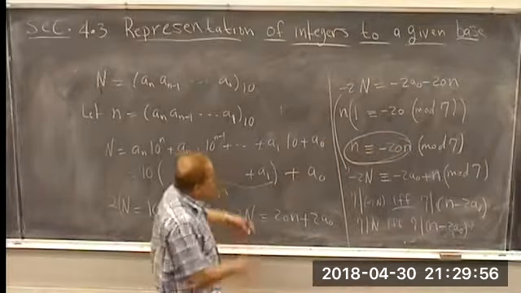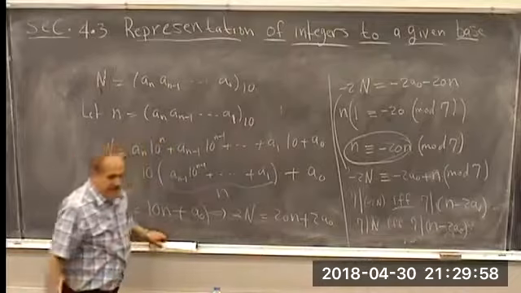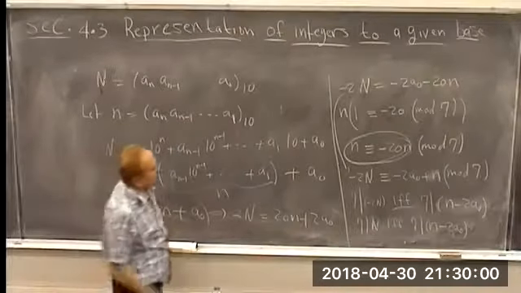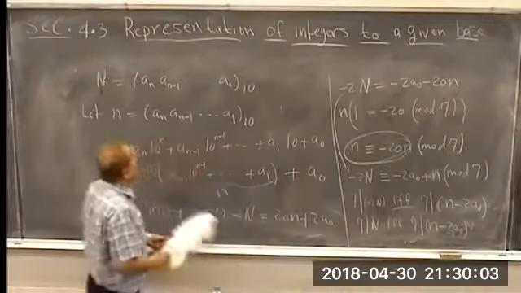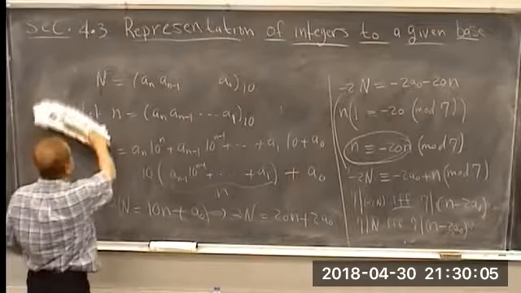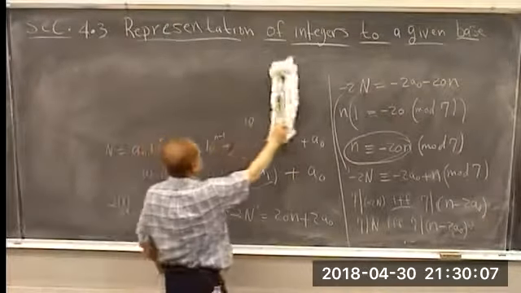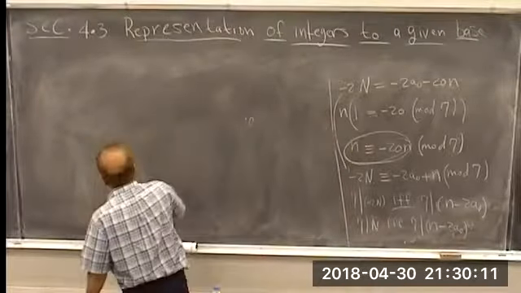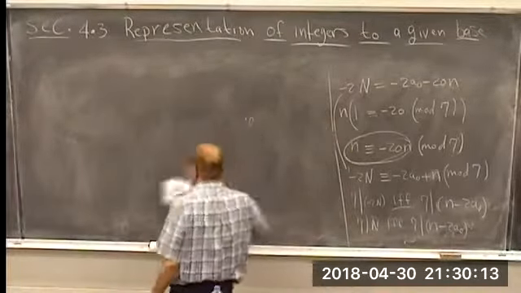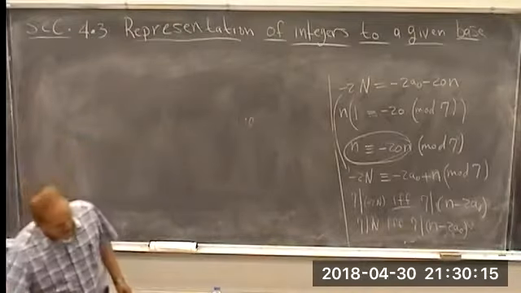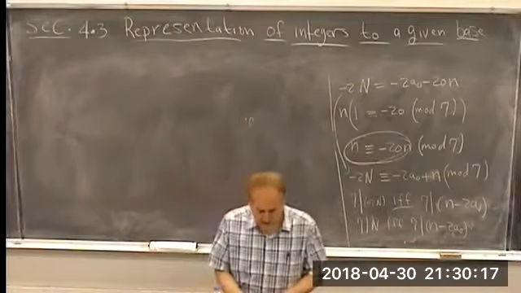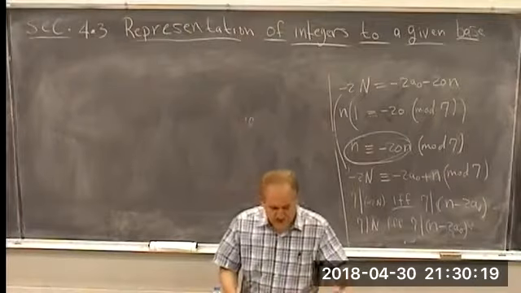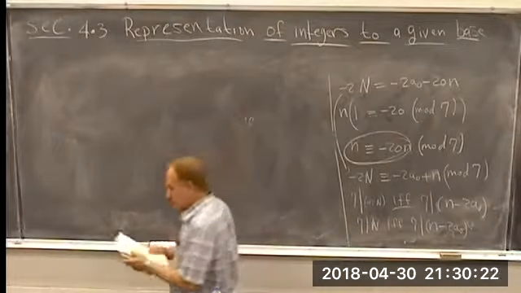For the 13, the same kind of idea, except we have a different congruence in it. So all this, what we're going to use, except we're going to have a different congruence, okay?